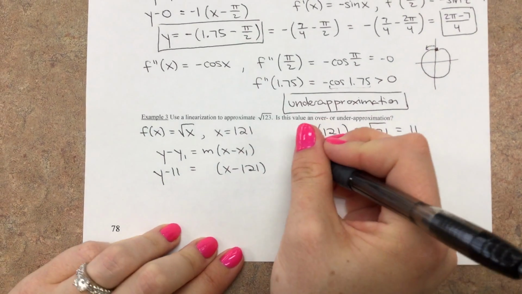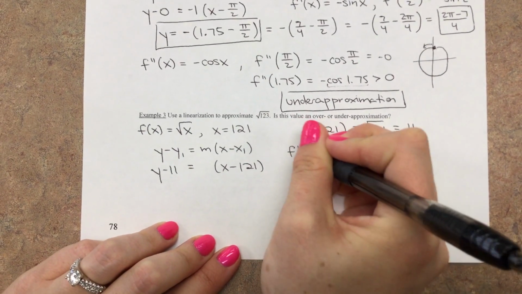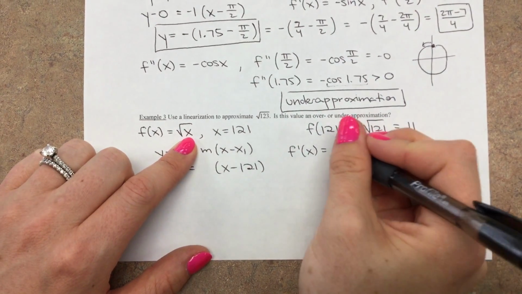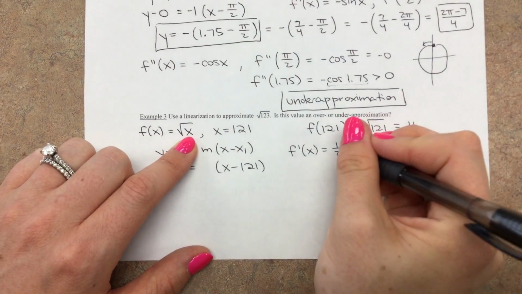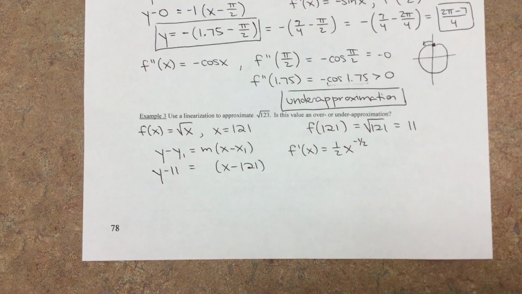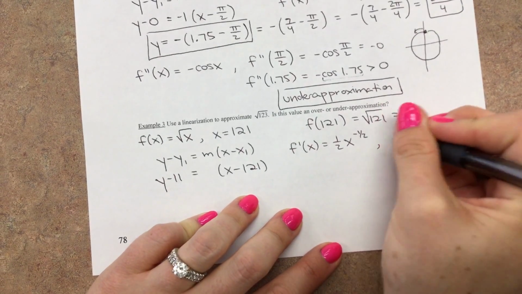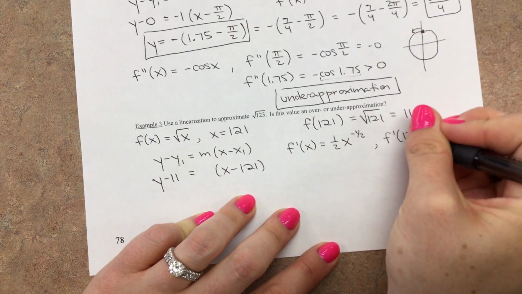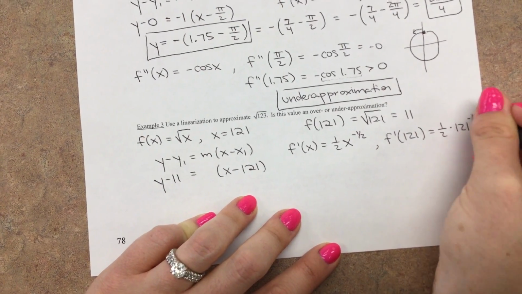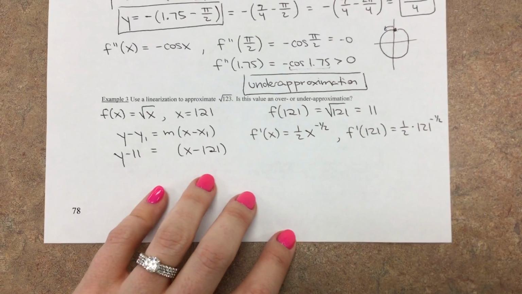All right, so we want first just the actual derivative function. So the derivative function, remember this is like x to the 1/2. So the 1/2 comes out front, and then the power drops down to -1/2. No chain rule, nothing fancy here. So then if I plug in 121, I have 1/2 times 121 to the -1/2 power.